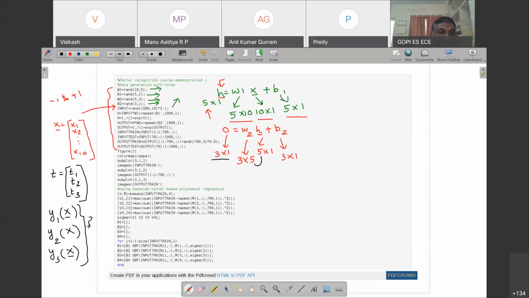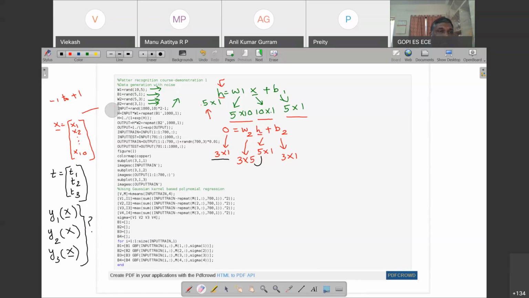Actually, we now have three regression problems in this, right? We have three observations, T1, T2, T3. We can in fact treat these three as individual problems and solve them. So this is just the data generation. Up to this, what we have done is the data generation, right?